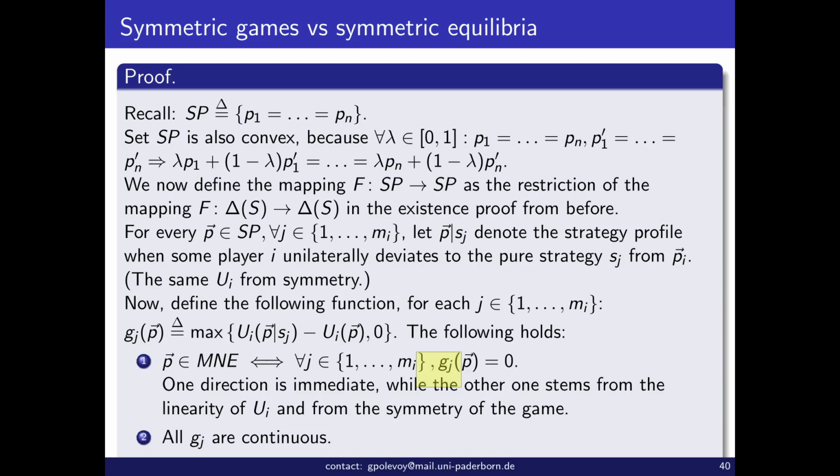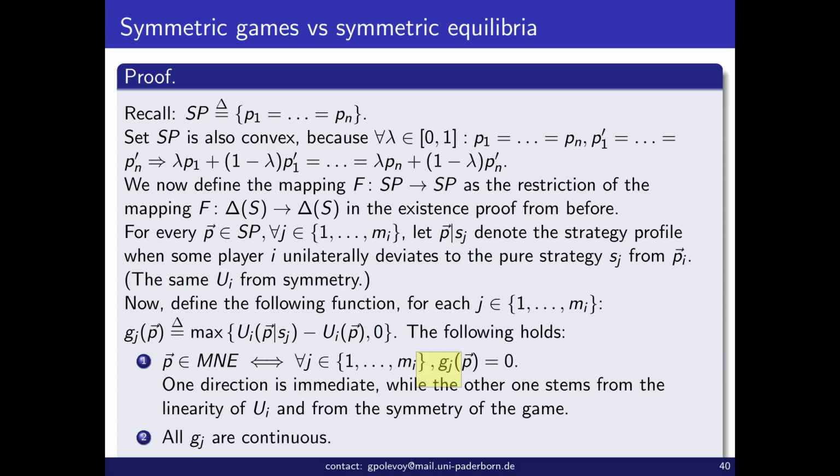Now the other direction follows from the fact that if for j, G_j is 0, it means that no player can improve by unilaterally deviating to any pure strategy. And therefore, from the linearity of u_i, we know that, well, the symmetry, as I said, is already used to say that for every player the utility from deviation will be the same.